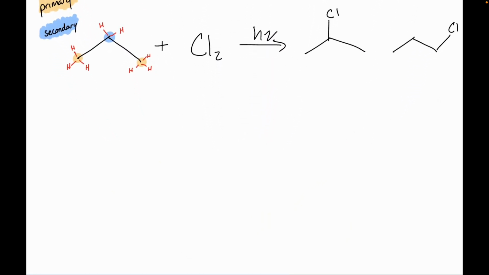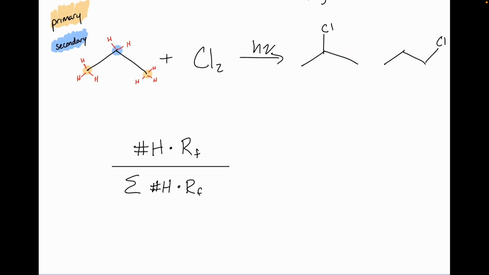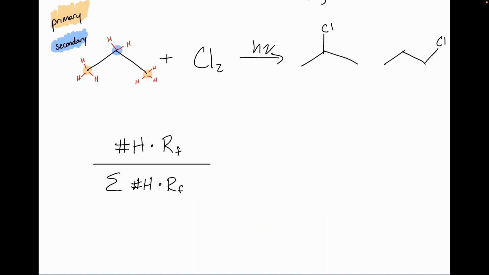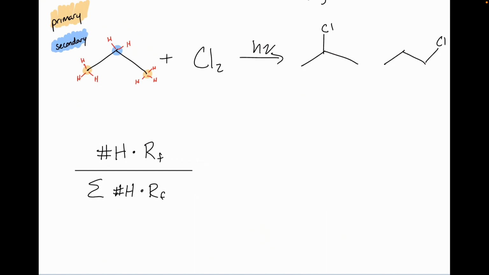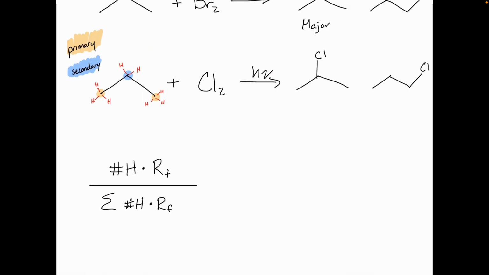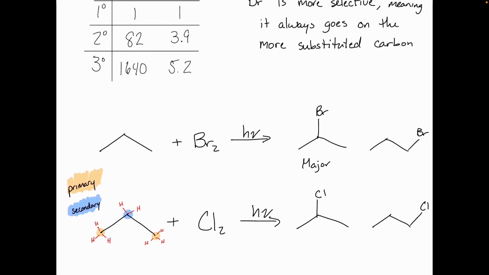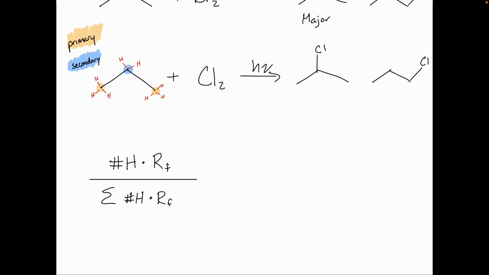So what we're going to do for each of them is take the number of hydrogens times that reactivity factor, over the sum of all the different carbons' number of hydrogens times their reactivity factors. We'll keep these color-coded.